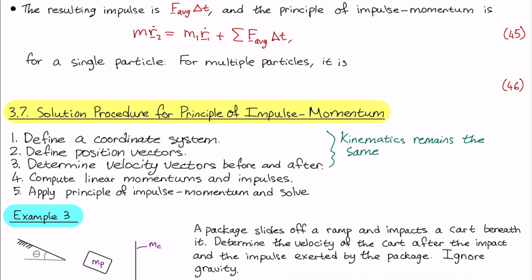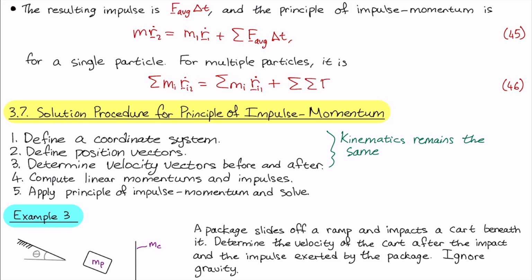For multiple particles this becomes the summation of mi ri2 dot equal to the summation of mi ri1 dot plus the summation, and really we should have two summations here, because we're summing over both all of the impulses as well as all of the particles.